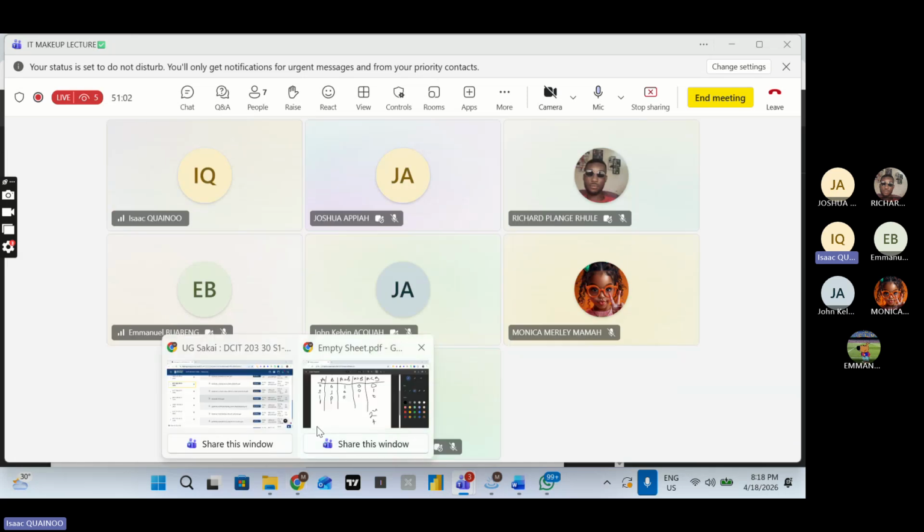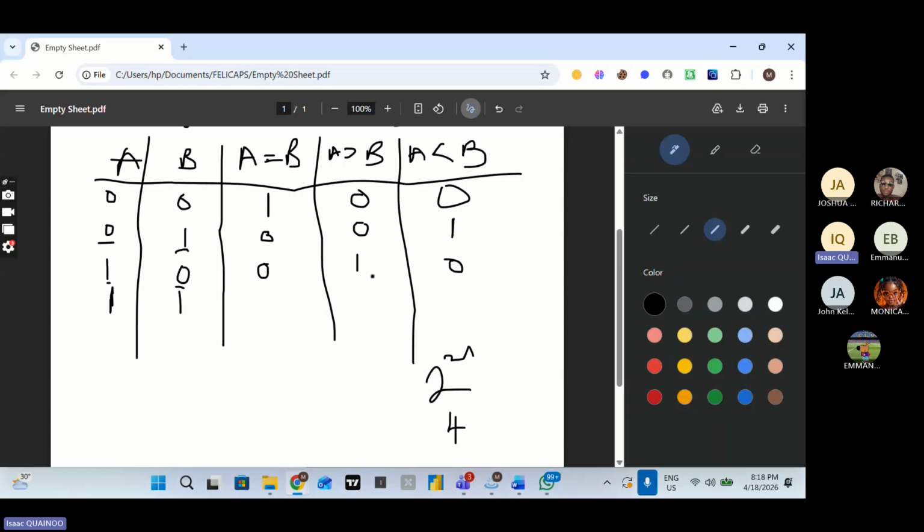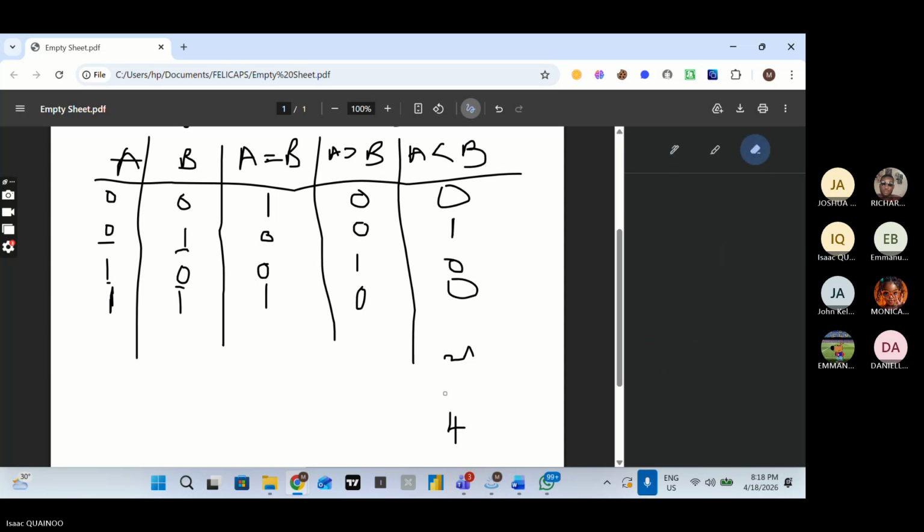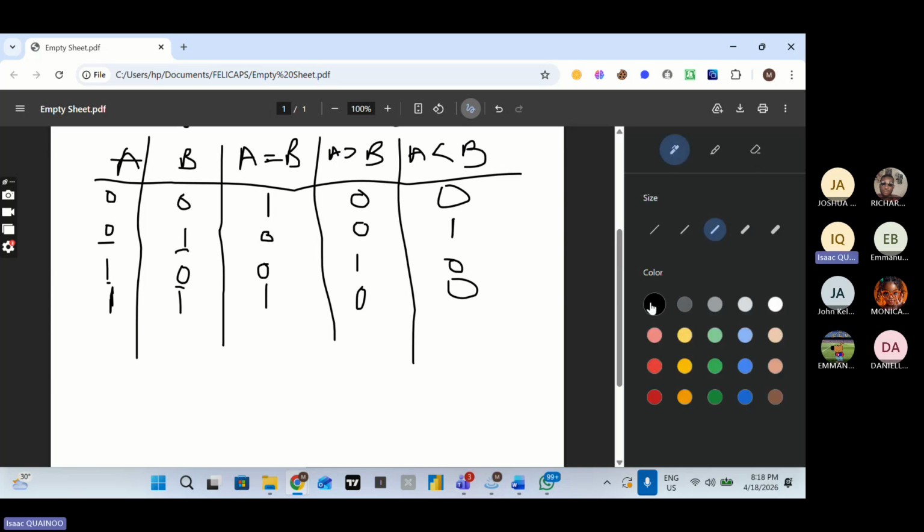So for our equality, we are going to put 1, and the rest will automatically take 0. So now we have our truth table for the 1-bit magnitude comparator. Now let us look at our logic expression.